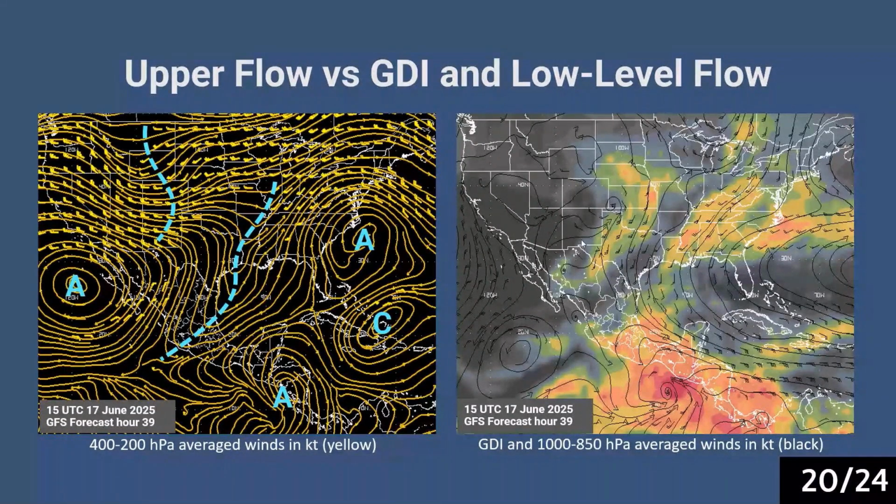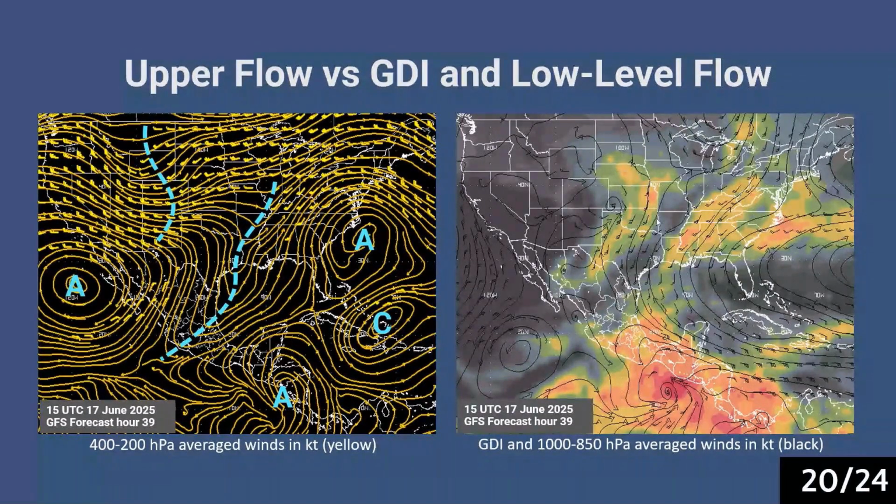If you look at the GDI on the right, here we have the GDI, but we have overlaid 1,000 to 850 hectopascal winds, and you can see that this gives additional information. So you can see that in this case, if you look at the plains, you got southwesterly winds in Texas, Oklahoma, but once you get to Kansas, these winds break, right? And in Nebraska as well.